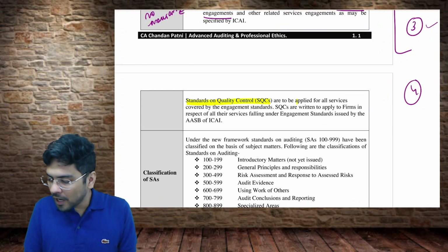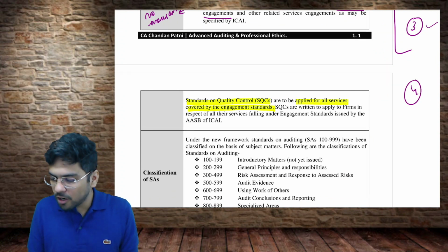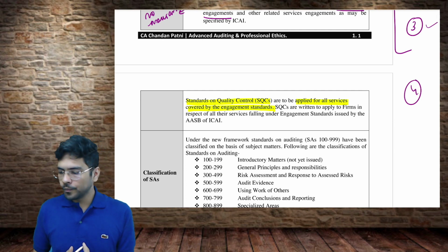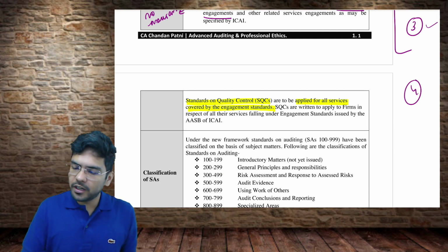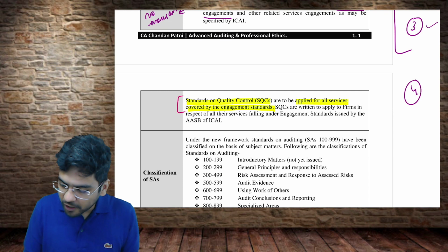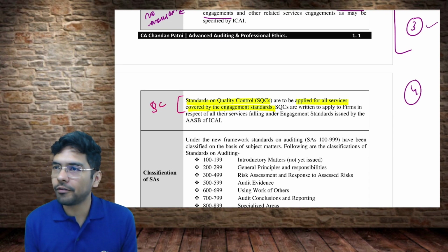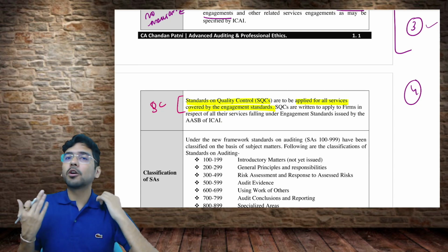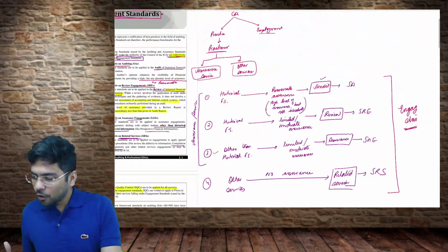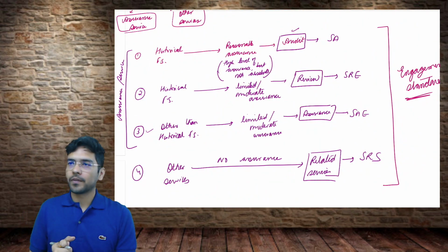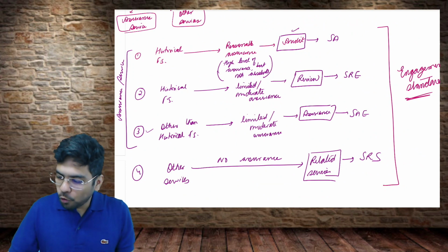SQC are to be applied for all services covered by engagement standard. So SQC, basically we will discuss it in detail, but yes, this is what kind of standard, guys? Quality control. Clear? Fine.